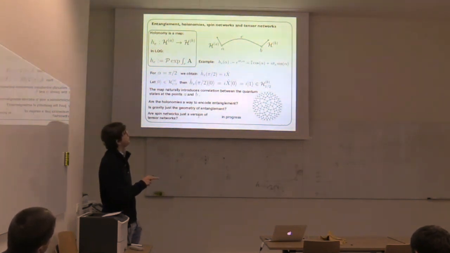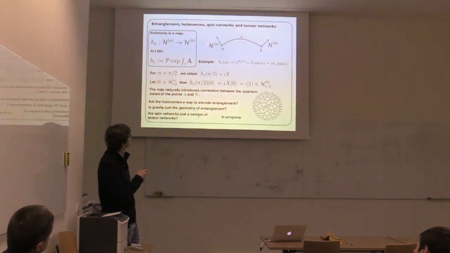This is for the purpose of illustrating the thing. Actually, this holonomy corresponds to the cosmological models when you have homogeneity and isotropy. And then in a special case, when you choose the factor alpha equal pi/2, you see that the holonomy is just the x operator. X is sigma x. So this is just a bit flip operator.